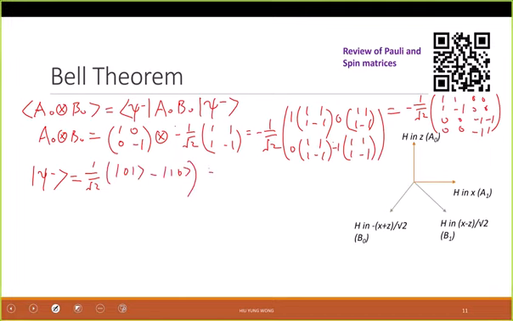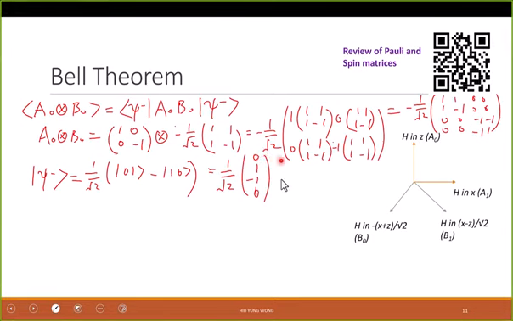How do you write it in column form? Do not forget this 1 over square root 2, 0, 1, negative 1, 0. Why? Because again, this signifies how much 0, 0 you have, how much 0, 1 you have, how much 1, 0 you have, how much 1, 1 you have for this state.